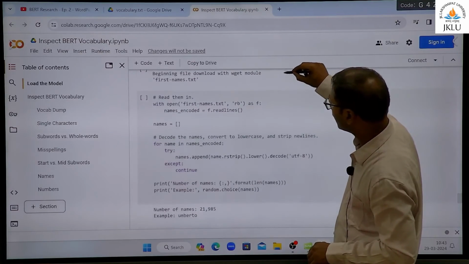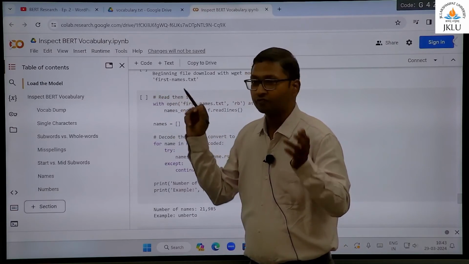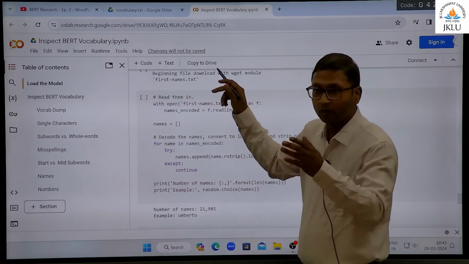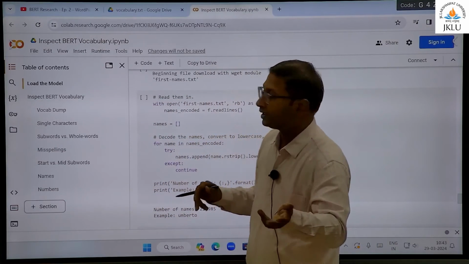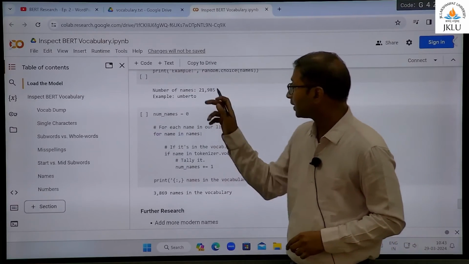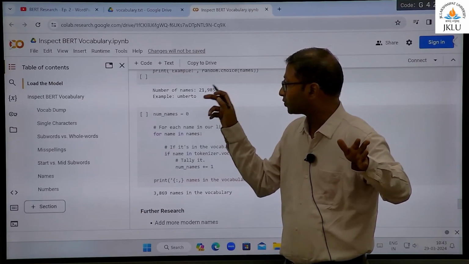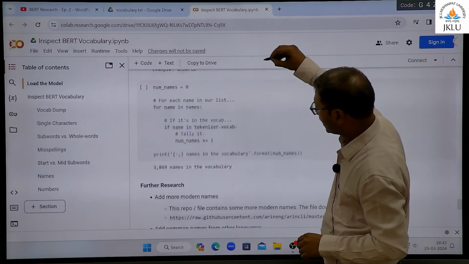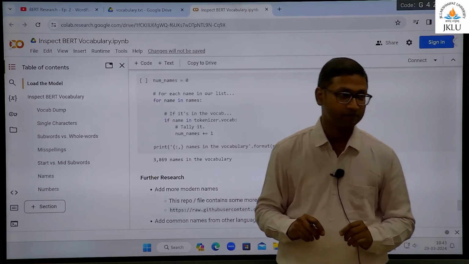So what he did now was, he downloaded a file that has a lot of names, firstnames.txt, and he tries to search how many names are there in the BERT vocabulary. It turns out the number of names in the file which he used was roughly 22,000, and there are 3869 matches in BERT vocabulary.